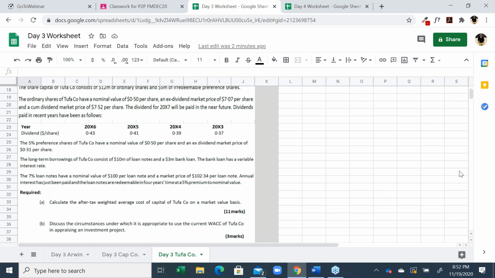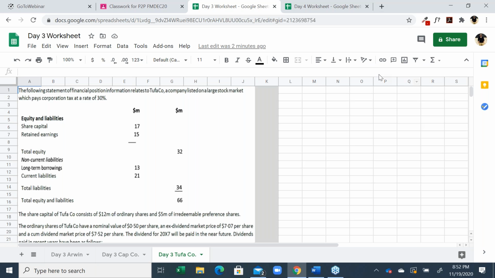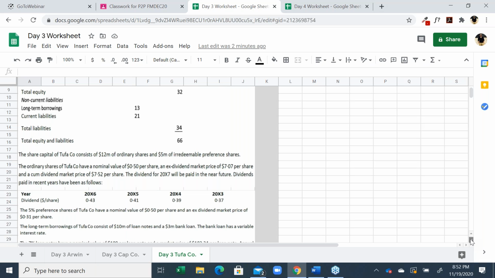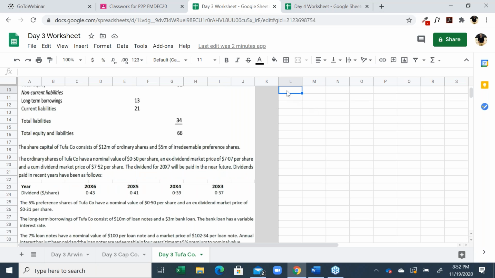Here they have mentioned that we have to use market values as our weightages. So for weighted average cost of capital, first we need to calculate the cost of different sources of finance. So first of all, we need to find out the cost of equity, and we need to find out which model we should be using.